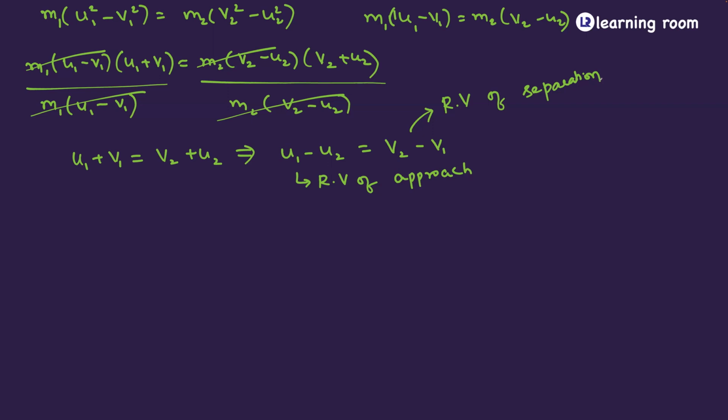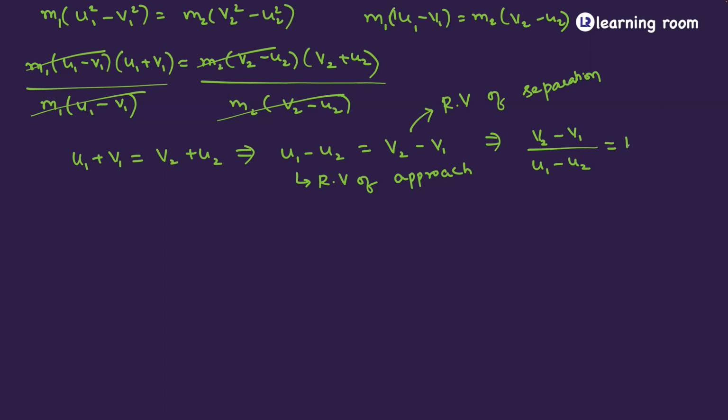Right. So if I take the ratio of them, V2 minus V1 divided by U1 minus U2, what are you going to get? You will get 1. If I divide with U1 minus U2 on both sides, V2 minus V1 by U1 minus U2 is 1.